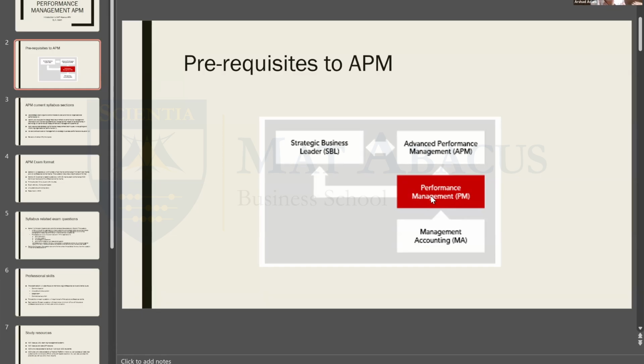And so you still need to know what you've studied on performance management. And because there's a gap between when you passed PM and you're doing APM, many students do not go back to revise their PM. And as a result, they can't get the 15 easy marks, the calculation.